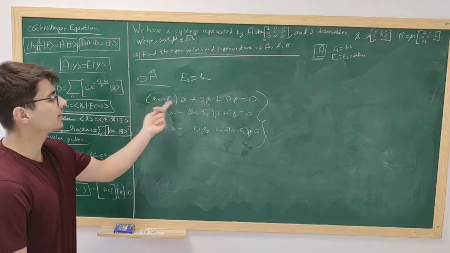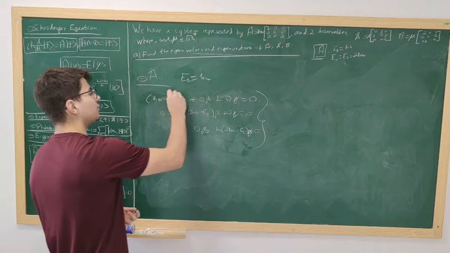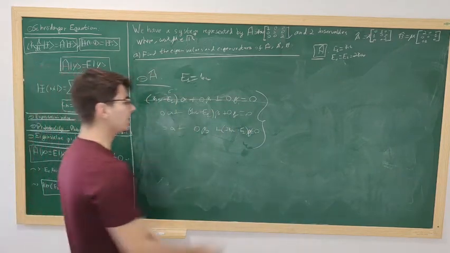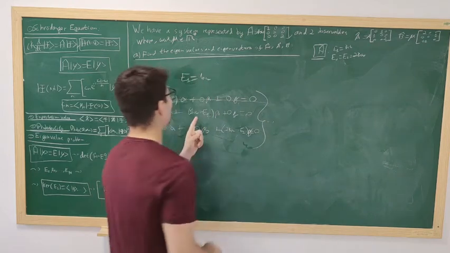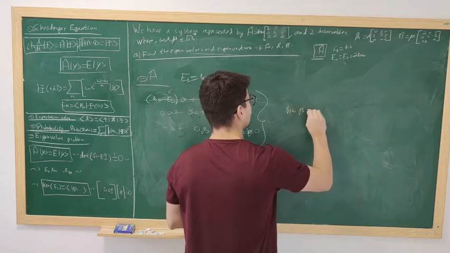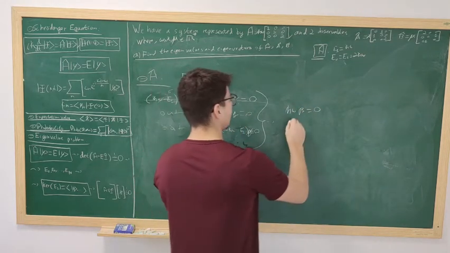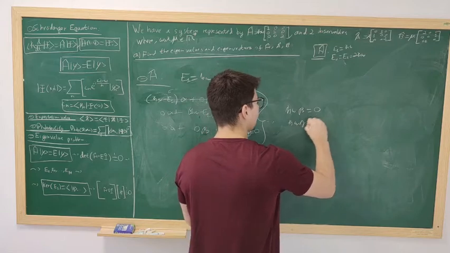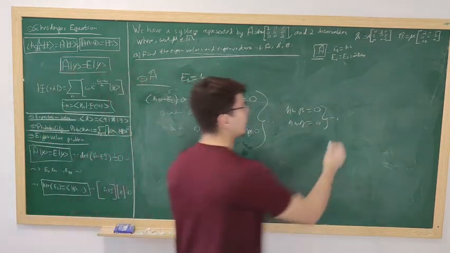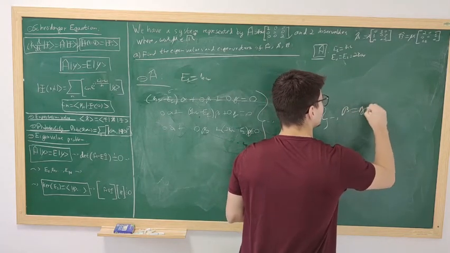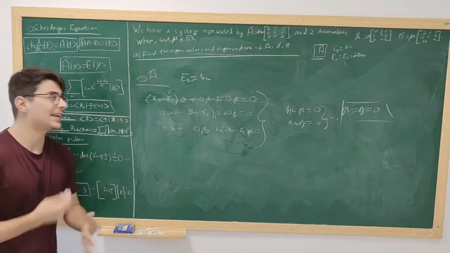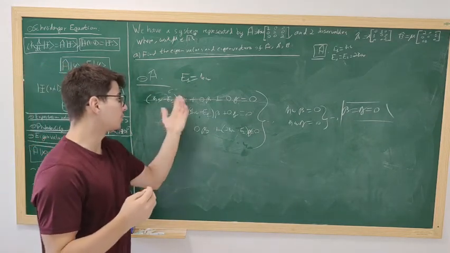In this case, E1 is ħω, so the first equation just gives us 0 equals 0. Then 2ħω minus ħω is just ħω, so ħω beta equals 0, and ħω gamma equals 0. So for these two equations to hold, beta and gamma must necessarily be 0. But notice that alpha can be any value we want, because it will not affect our system of equations.